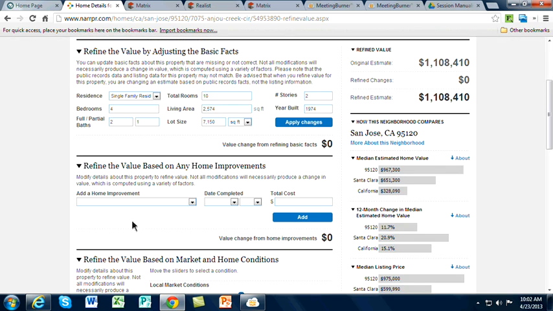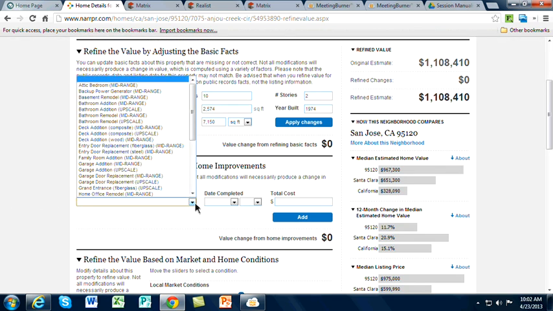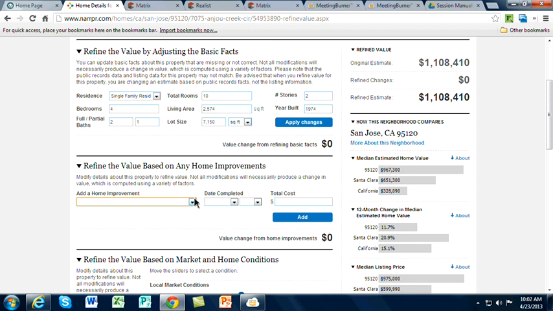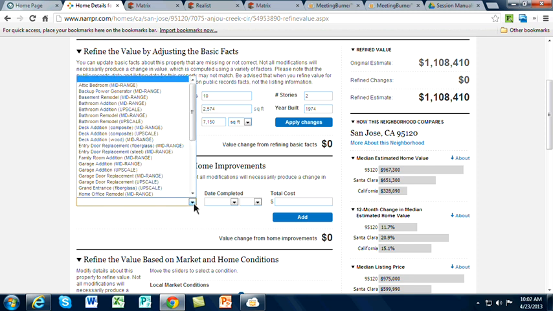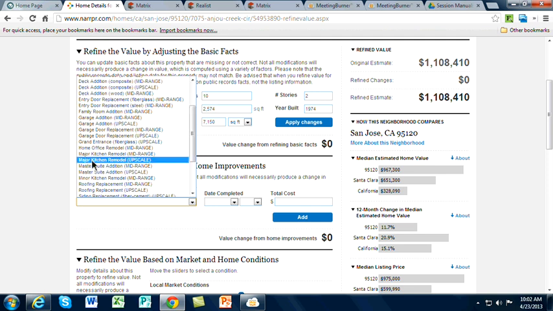And it rarely is, unless they've done stuff without permits. But if it was wrong, we could make a change. Then this is really cool. This is a list of different kinds of home improvements. Again, this assumes that you know something about the other one. Let's say it had its original kitchen, and this one, they had remodeled the kitchen.